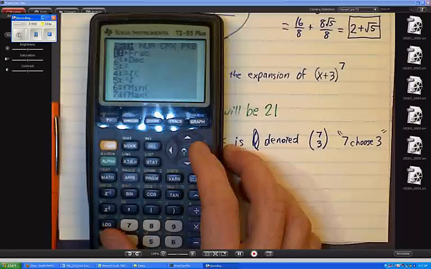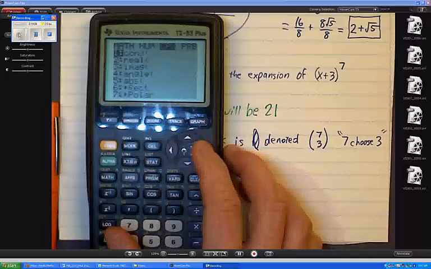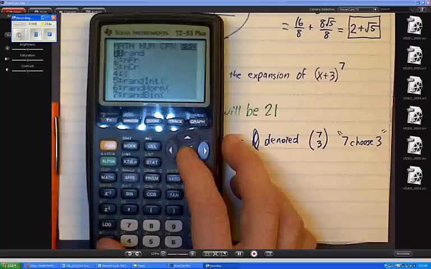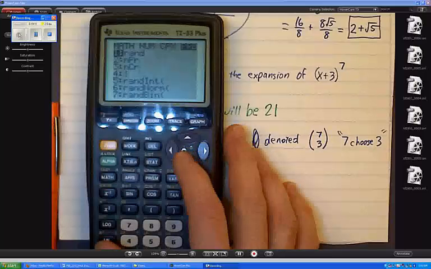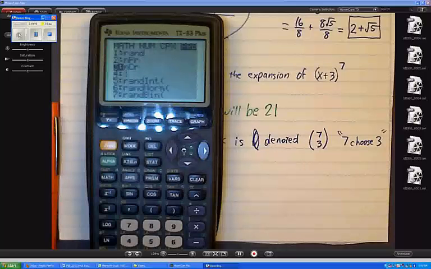There's a math menu, a number menu, a complex menu. Do you know what this PRB stands for? Probability. And if you ever take probability or statistics, I guarantee these numbers are coming back. NCR, that means N choose R. So I'm going to press that. This means 7 choose 3.